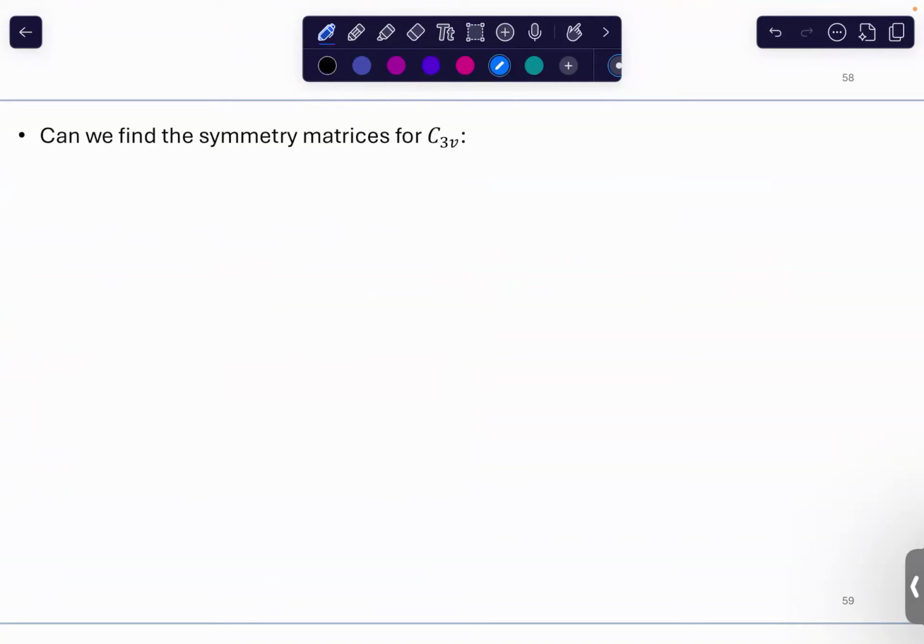The C3, we're going to rotate through an angle theta, which is going to be, not 30, 120 degrees. It's 360 divided by 3 for a C3 axis. Okay, so let's try to think of this graphically.